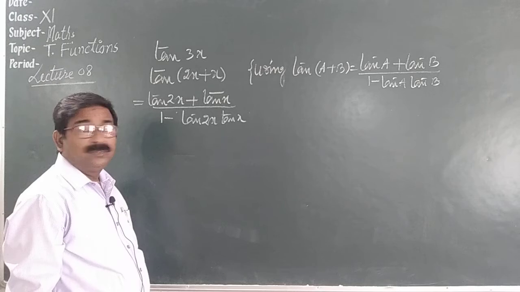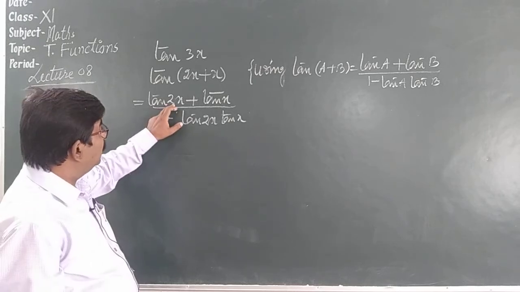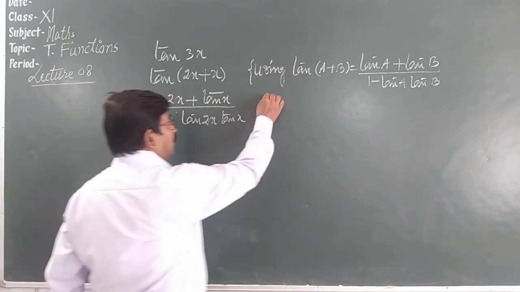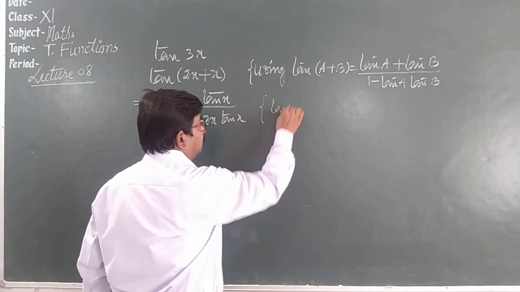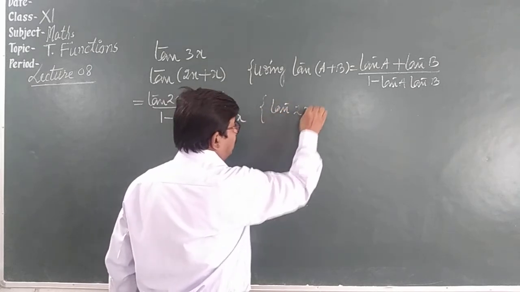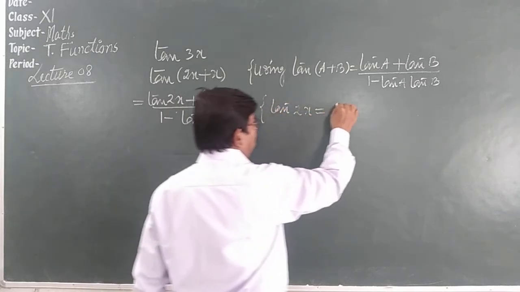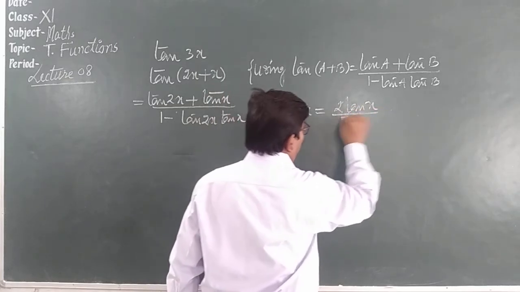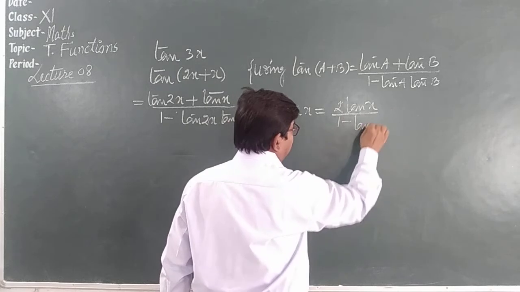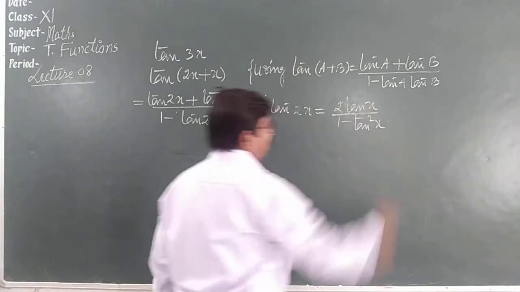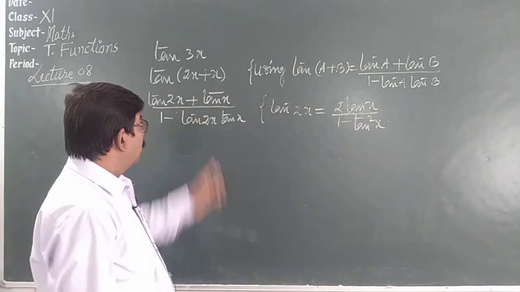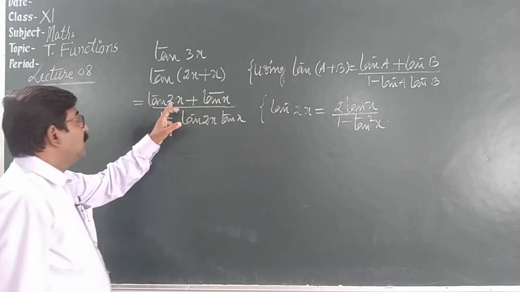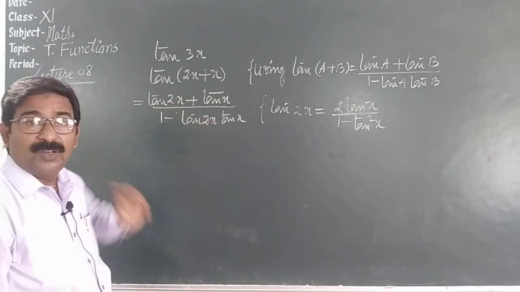Now this tan 2x again can be broken. See, tan 2x is equal to, I think you remember, 2 tan x upon 1 minus tan square x. Got it? So wherever we have 2x, we will put this formula.